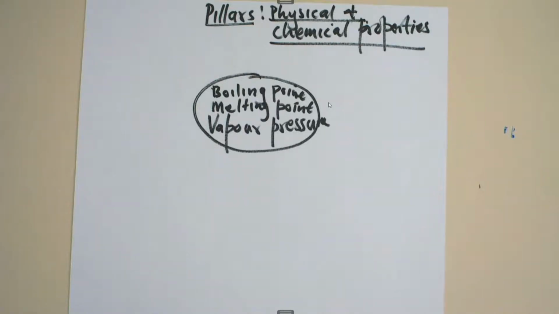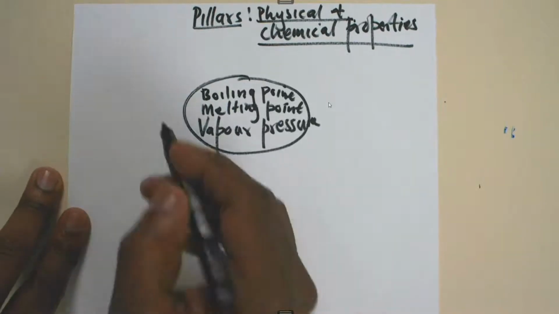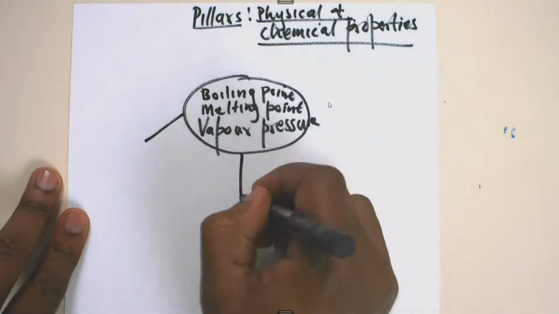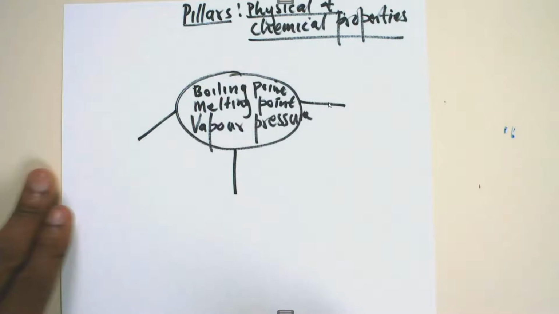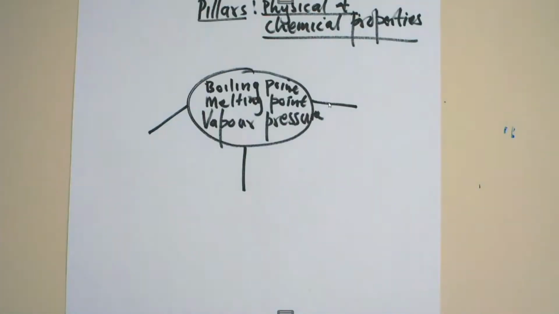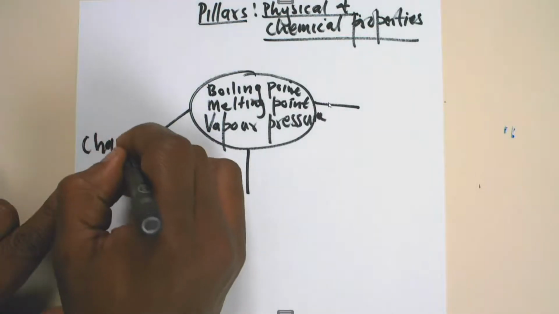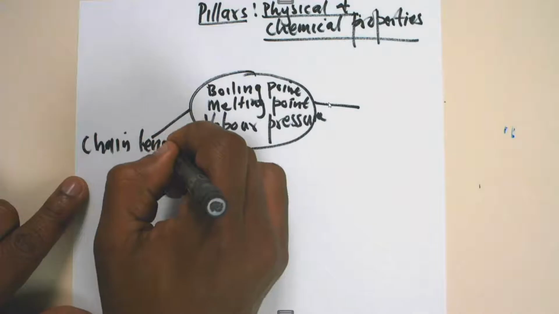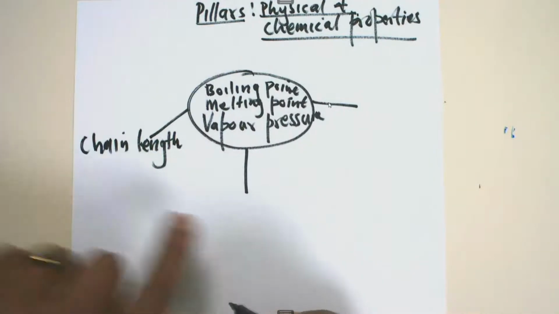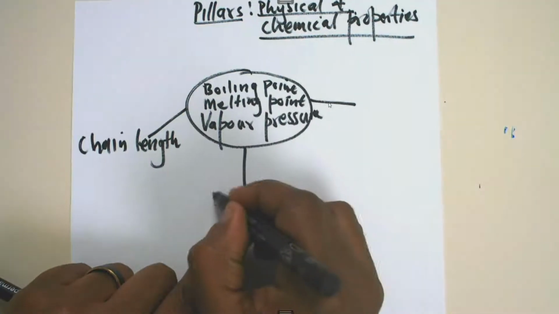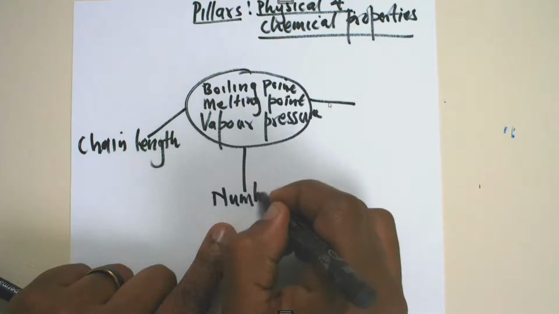These are the properties that we are going to discuss in detail. But definitely I have factors that influence these particular properties. The very first factor is chain length. The second one is number of branches.